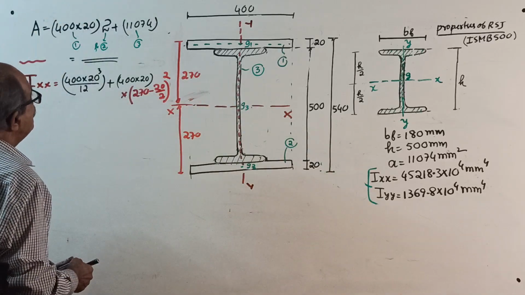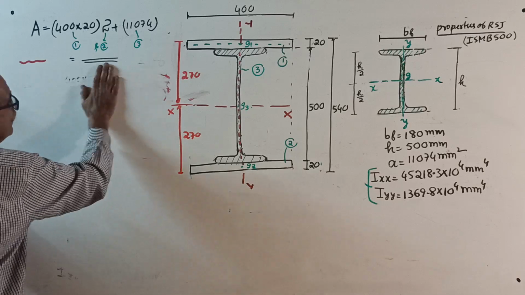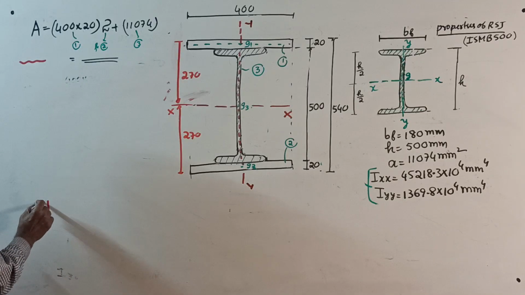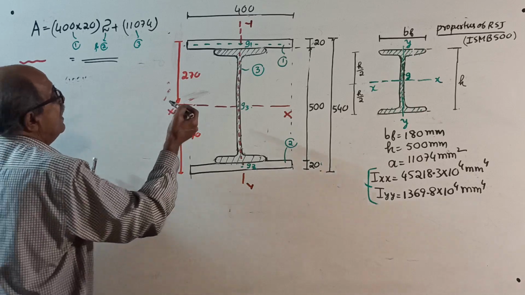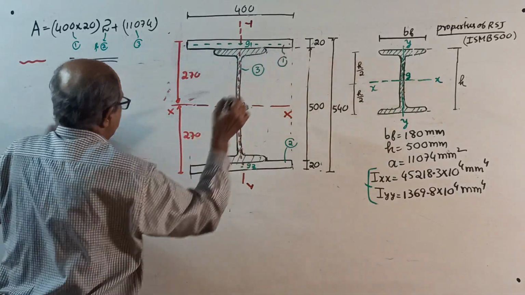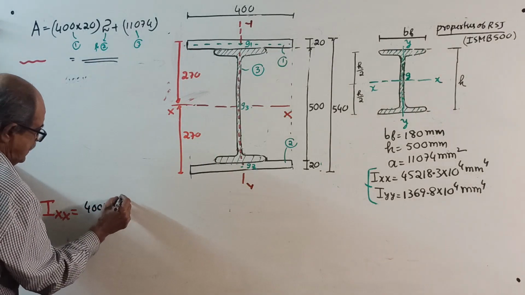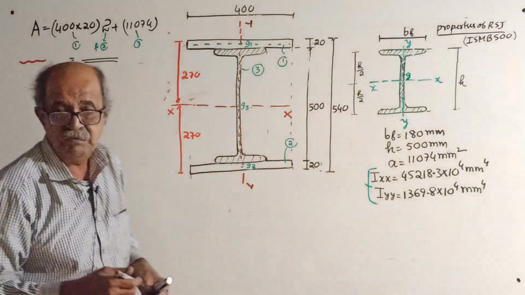I think I got a problem here because it will not be clear here, so I write here so that there is no space problem. I about x-axis, into 2, there is no place. Okay, start. I about its own centroidal axis, 400 into 20 cube divided by 12, Ig.